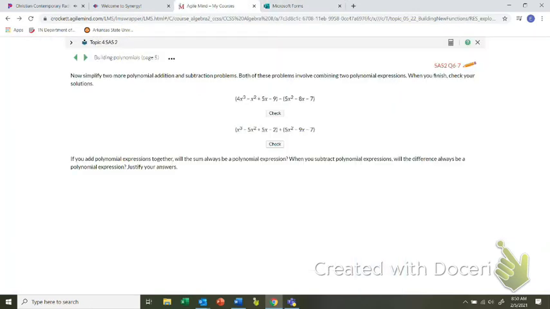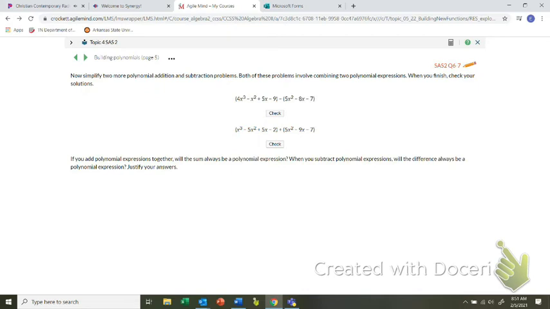It's kind of like what we answered on number 3, I guess. When we add polynomial expressions together, which is what we did on 6b and before, okay? Will the sum always be a polynomial expression? Yes, because what are we actually doing? We're just simplifying it.